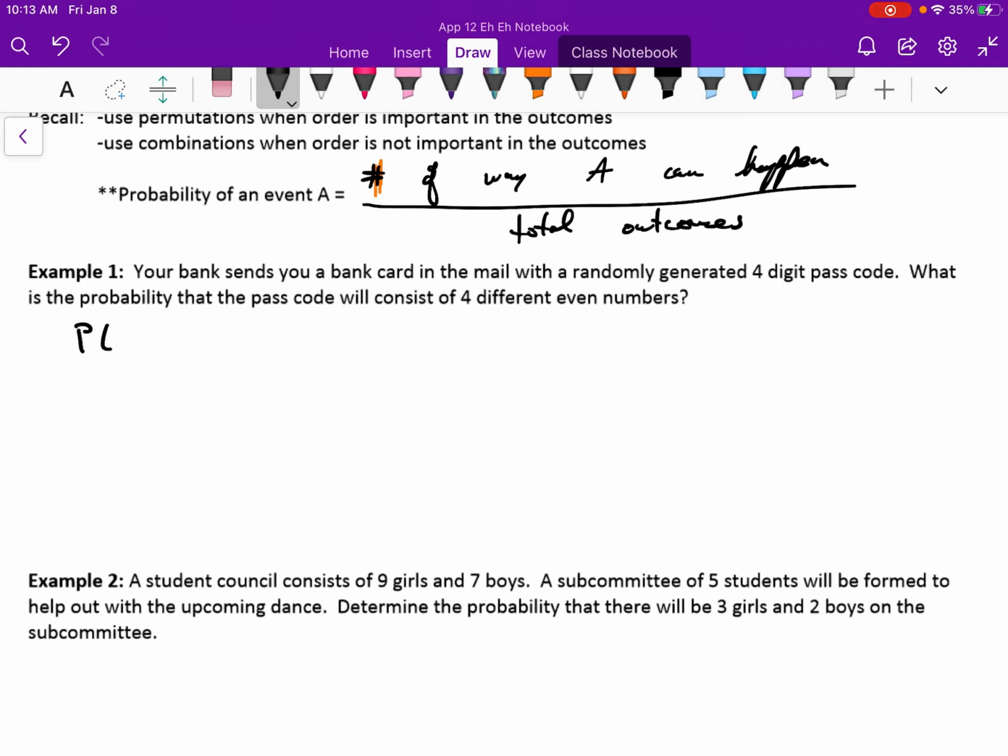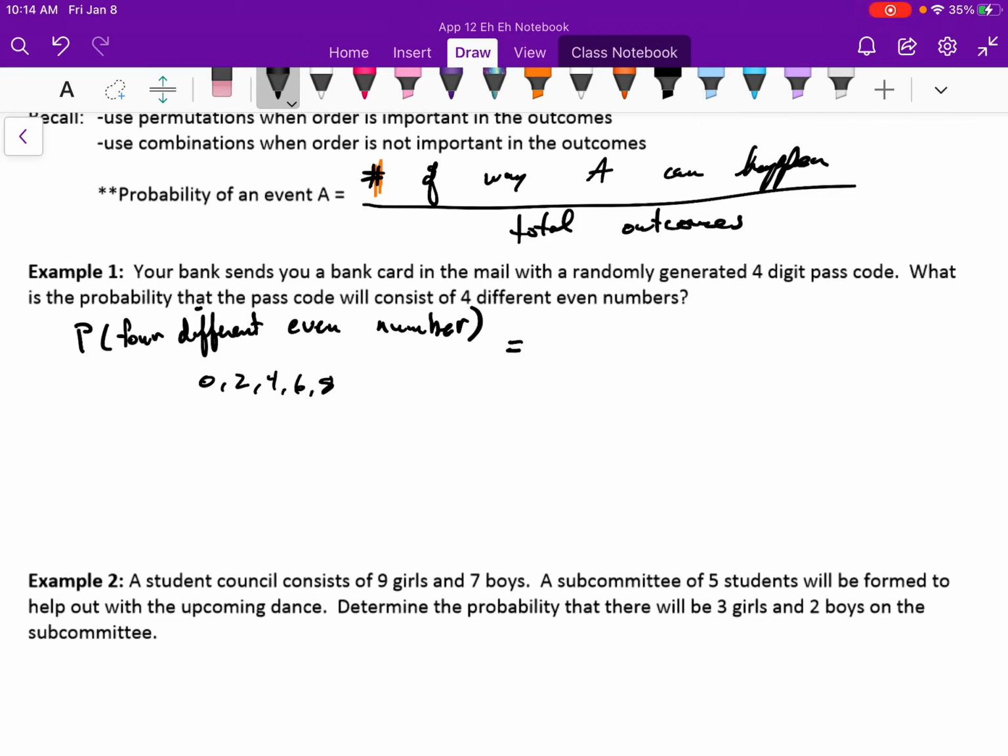I'm just going to write probability of 4 different even numbers. So I have to interpret what that means. The even numbers that I know are 0, 2, 4, 6, and 8. So I recognize that there are 5 even digits.